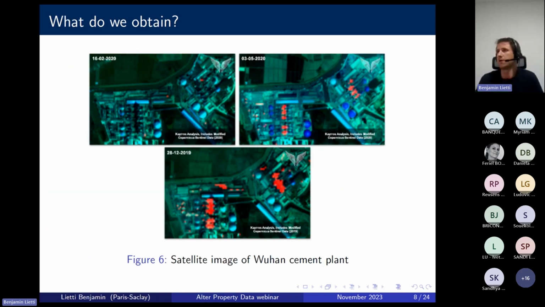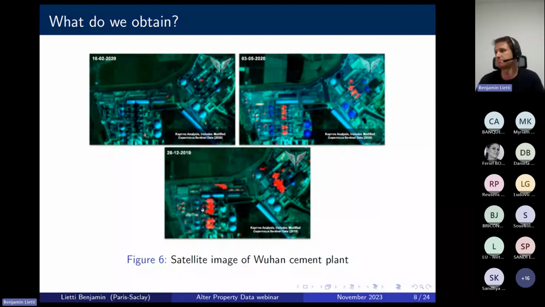So what we obtain in the end is something like this. This is a cement plant in Wuhan, in China, the epicenter of COVID-19. We can see that at the end of 2019, just before the very big first COVID-19 outbreak, all the kilns, which are represented with the red dots, are hot, so they are producing cement.